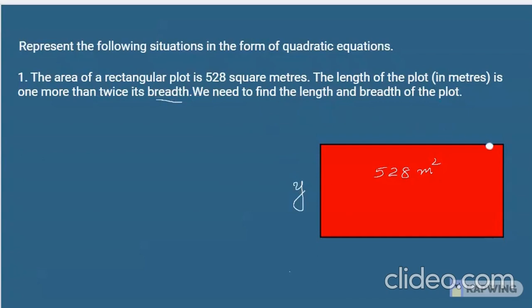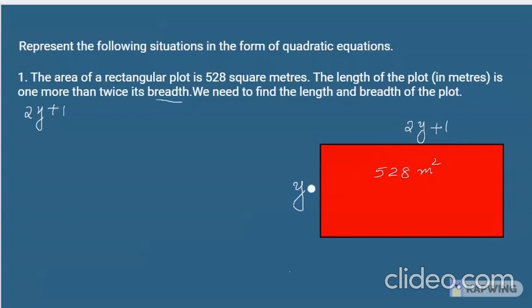Then what about the length? The length is 1 more than twice its breadth, so 1 more than 2 times its breadth. So length is equal to 2y plus 1. Now it is very clear.